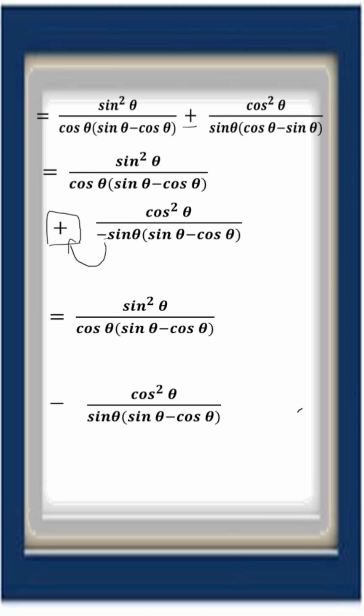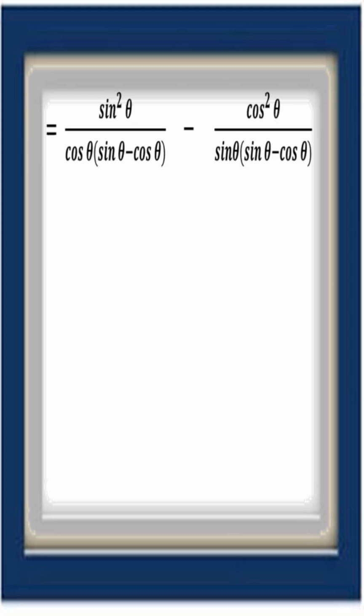Now we have sin square theta upon cos theta into sin theta minus cos theta, minus cos square theta upon sin theta into sin theta minus cos theta. Here we can take the LCM. What is the LCM? Sin theta into cos theta.